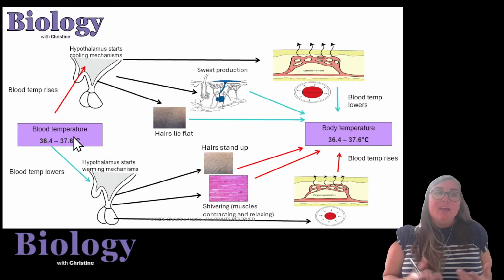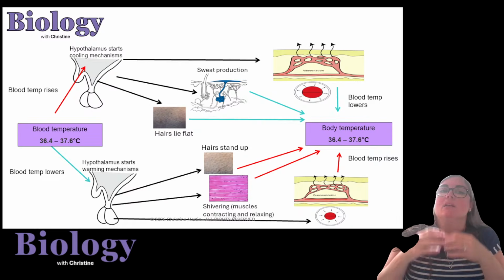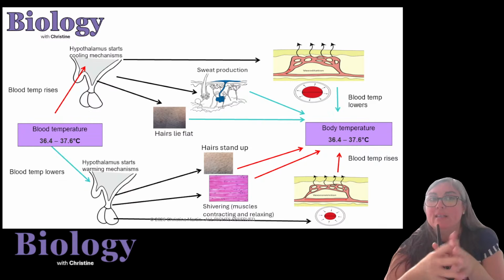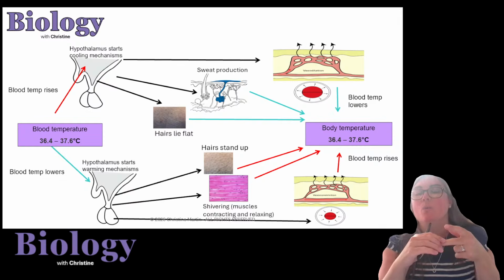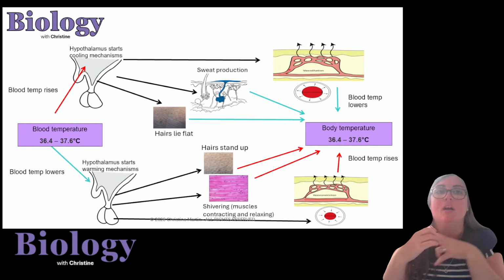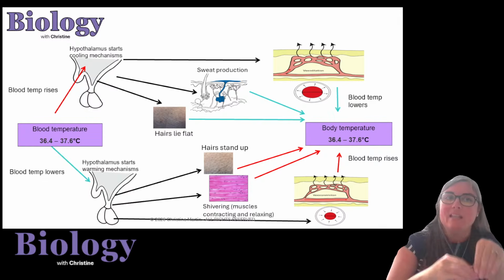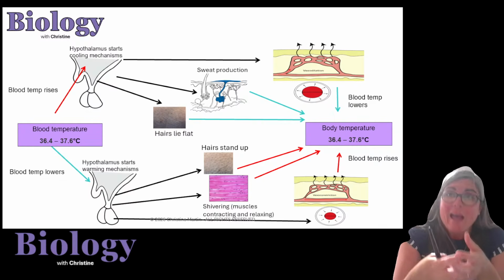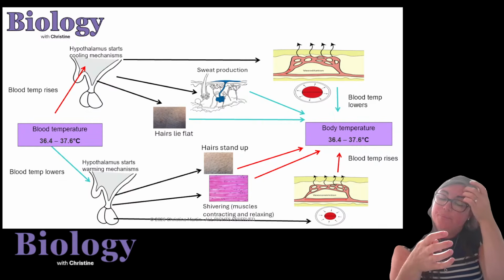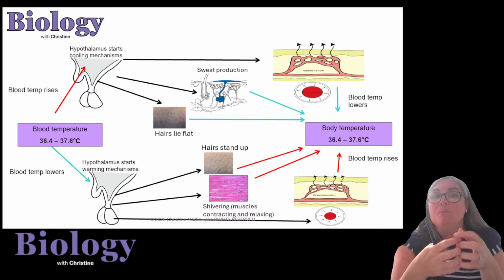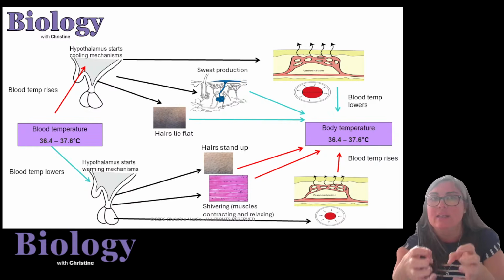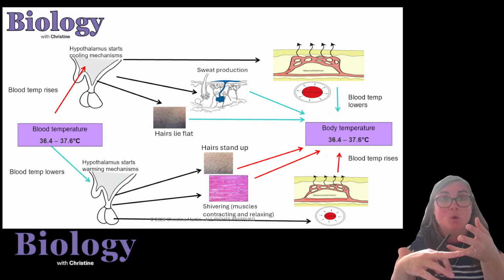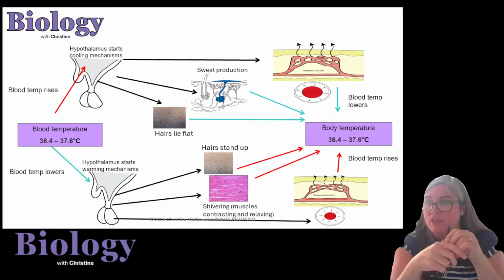If we were looking at thermoregulation in us, our blood temperature rises. Because it's the blood, we know that we have our thermoreceptors in our hypothalamus. They are going to detect that core blood temperature rising. They are then going to activate the cooling response by sending any type of communication, whether nervous or hormonal, depending on the question.